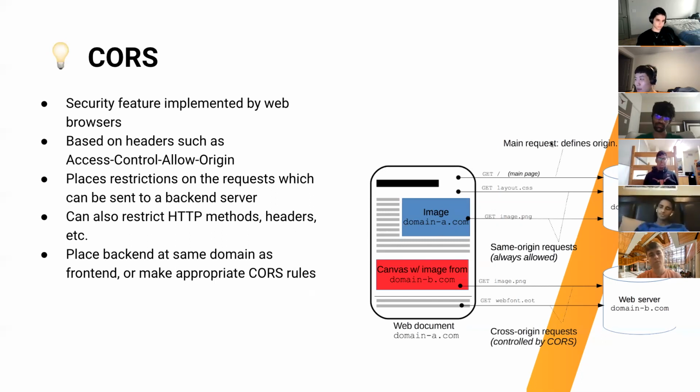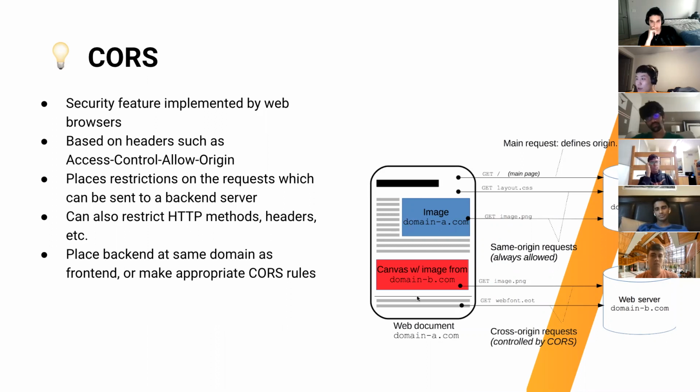This is called the main request, and it determines what origin your front end website is at. Once that happens, you can keep making more requests to this same origin. Say your backend was at api.domaina.com, you'll be able to get from that API without restriction.